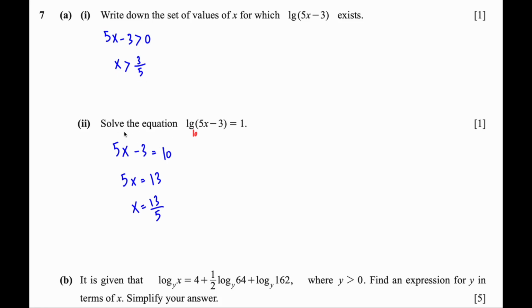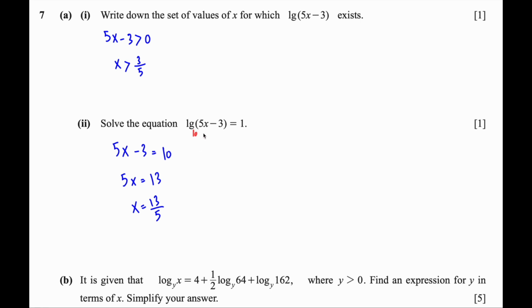For part 2, we are asked to solve this equation. So basically, if you see the logarithm has no base, to be more specific, if they use the letters lg, by convention the base is 10.